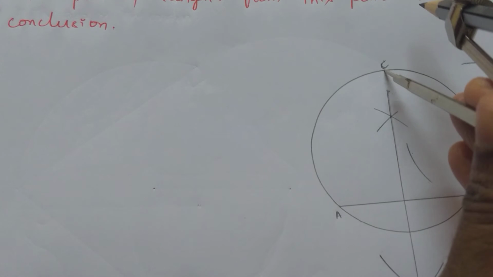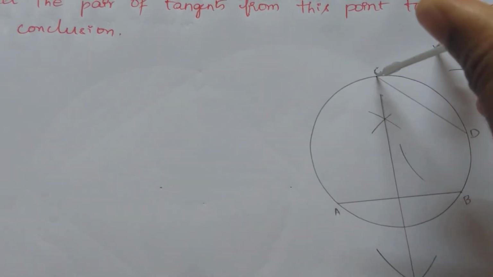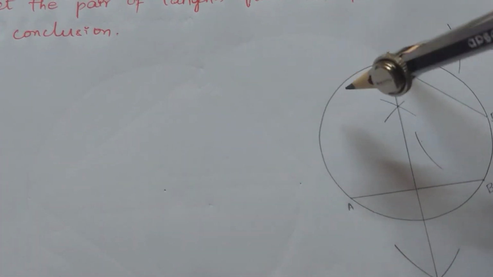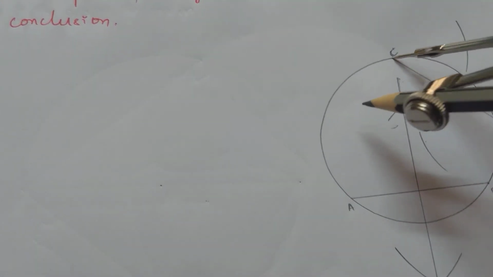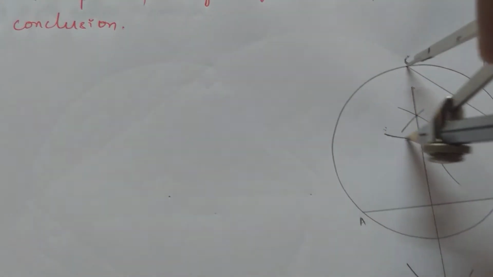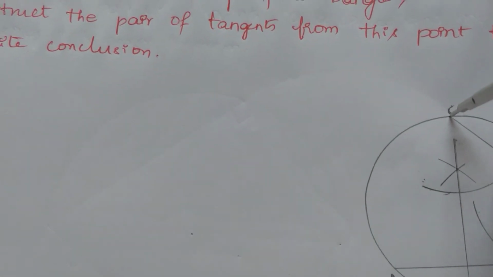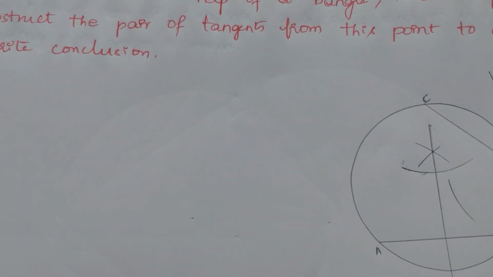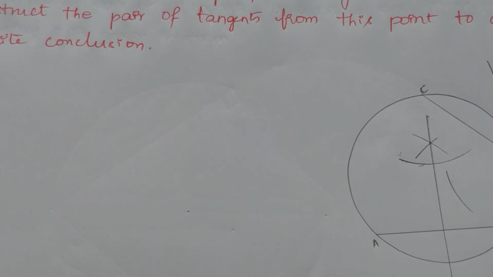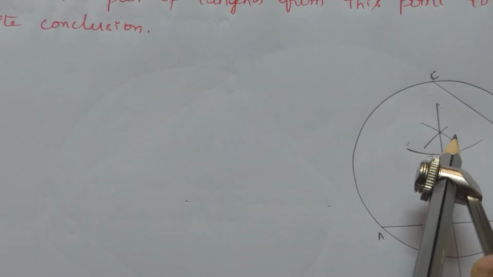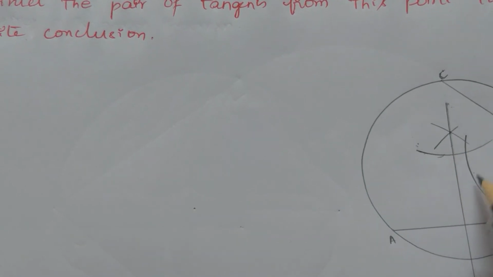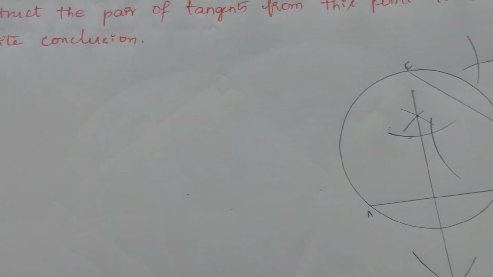So again from the point C. Okay, just a minute. Sorry, it got moved. So yeah, you can see here, just draw the arcs a bit wide so that it's easy for you. Okay.